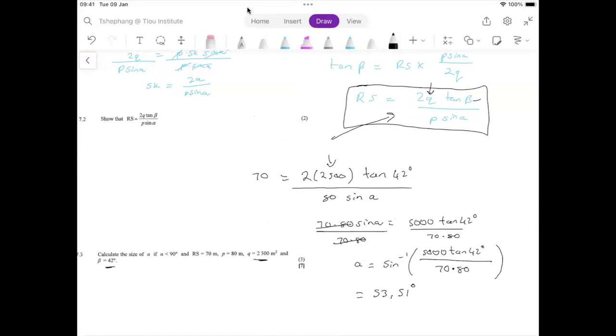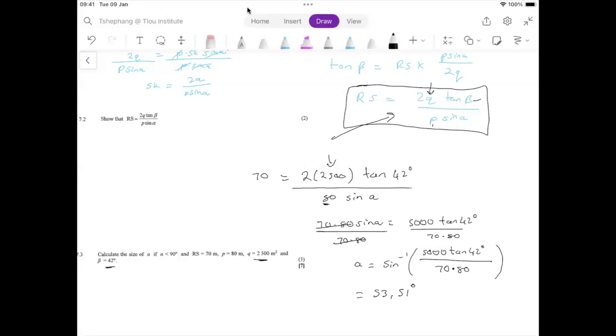They also gave us a value for P, which is 80. That's why I have an 80 there. They also told me that RS is 70. That's why I've substituted RS to be 70. So the first part is purely substitution into the equation for RS.